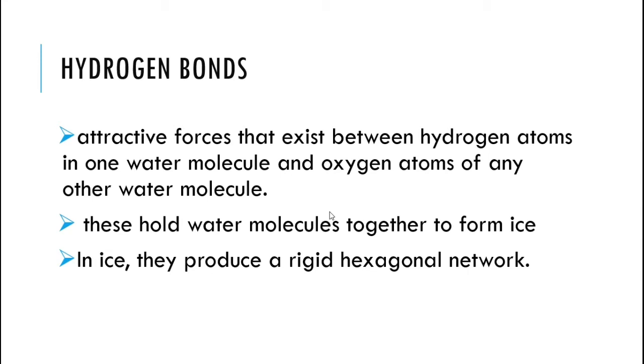So let's take a look at hydrogen bonds. These are attractive forces that exist between hydrogen atoms in one water molecule and oxygen atoms of another water molecule. These also hold water molecules together to form ice. And in ice, they produce a rigid hexagonal network. So as I have mentioned, this is responsible for the expansion of water as you cool it down below 3 degrees Celsius and as you cool it further.